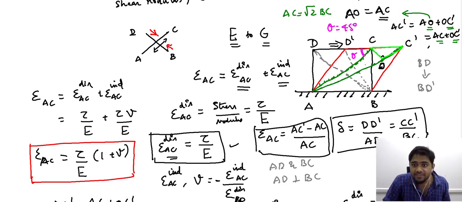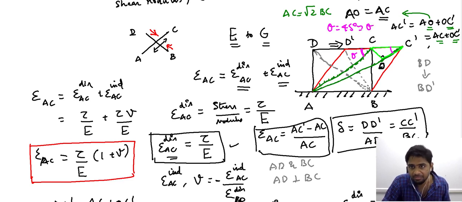Now, since we are discussing within the elastic limit, the distortion or the change in the angle because of this new diagonal is limited, so this angle will also assume more or less the same value.